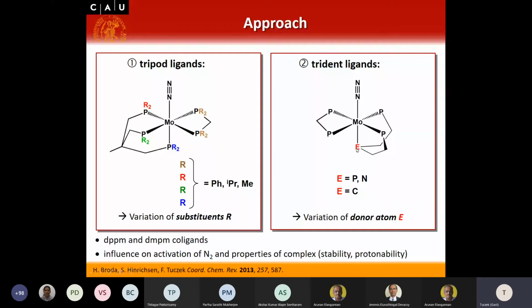And here you see the central donor, which we took as a phosphorus, nitrogen, or carbon. Here we varied this donor atom, and here we varied the substituents. So as I said, we used here DPPM or DMPM co-ligands, and we investigated the influence on the activation of N2 and the properties of the complex.